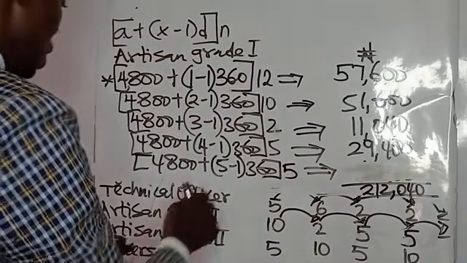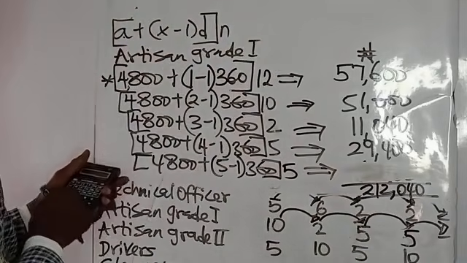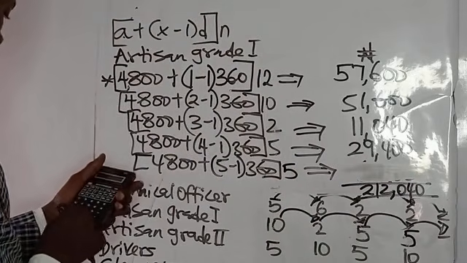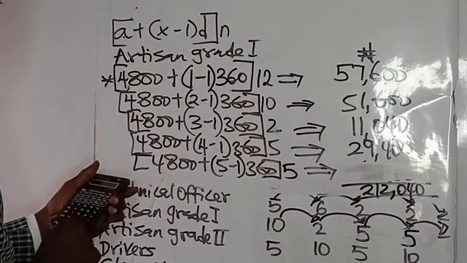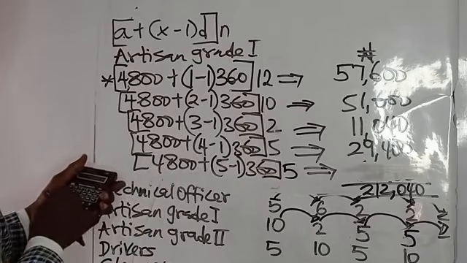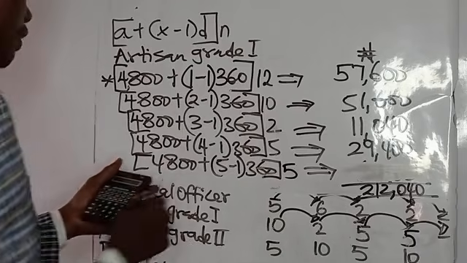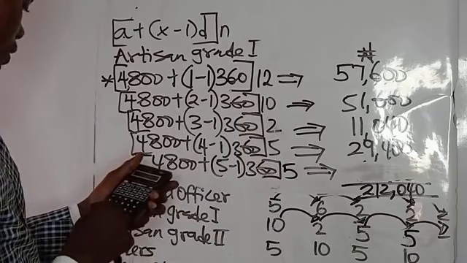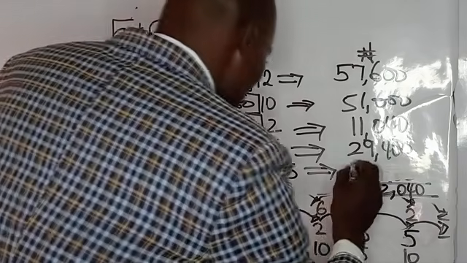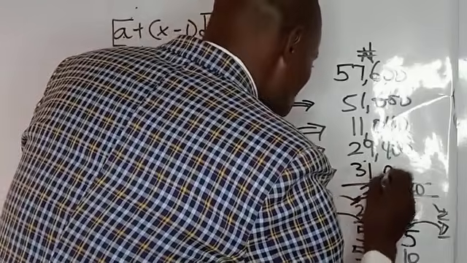So 5 minus 1, that is 4. 4 times 360, that is 1,440. Plus 4,800, that is 6,240. Times 5 employees. So we have 31,200.